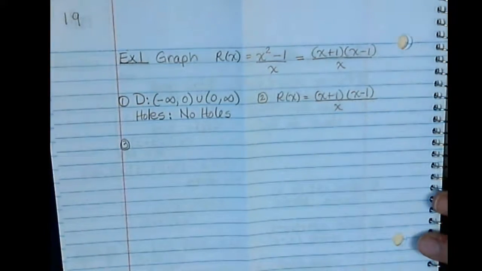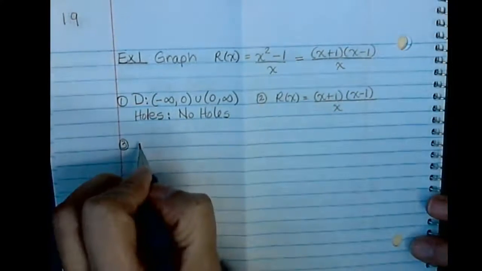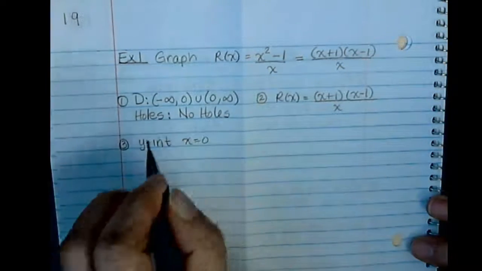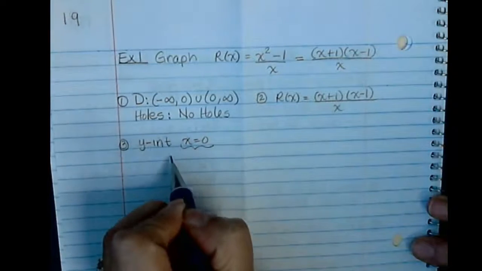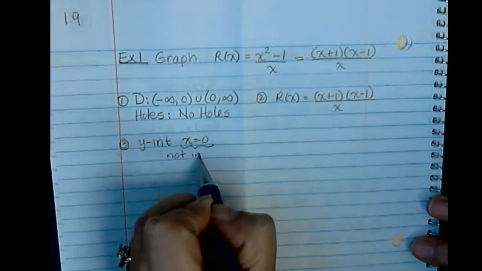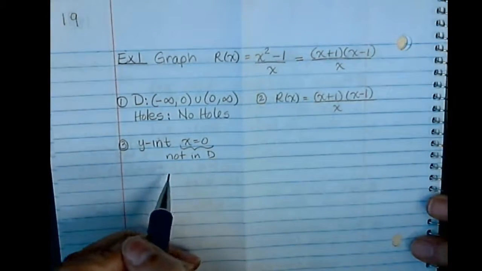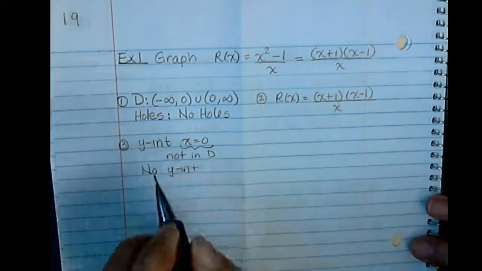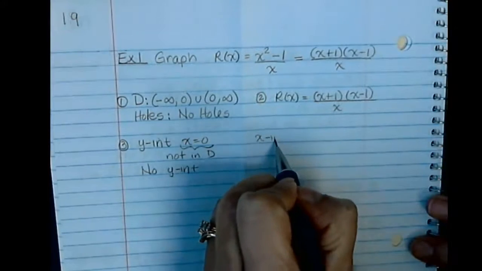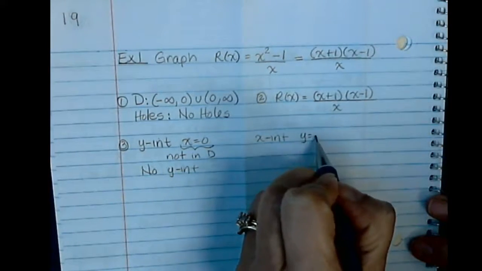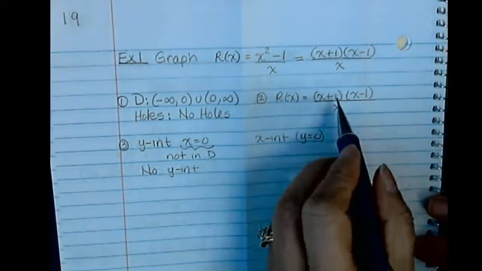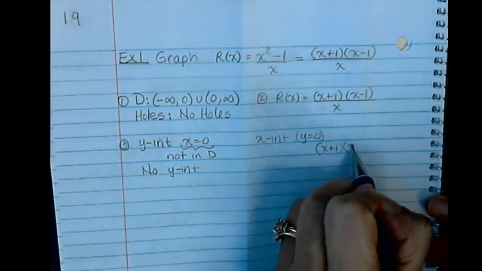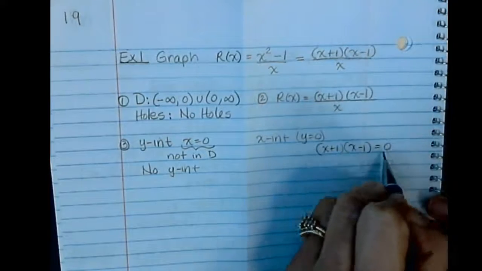Step 3 is to find the intercepts. So to find the y-intercept, we let x equal 0. But because of our domain, so I'm going to write that down, not in domain, then we have no y-intercept. For the x-intercept, we let y equal 0, and essentially we put just the numerator, x plus 1 times x minus 1, and we set that equal to 0.